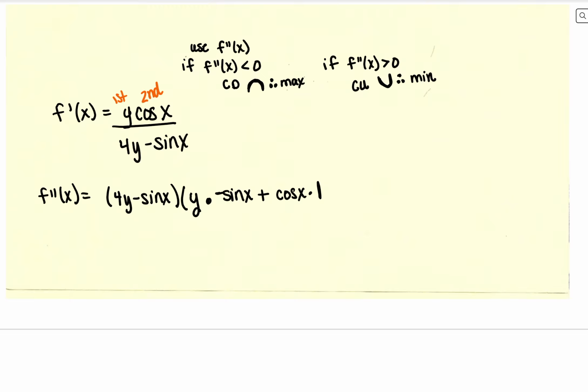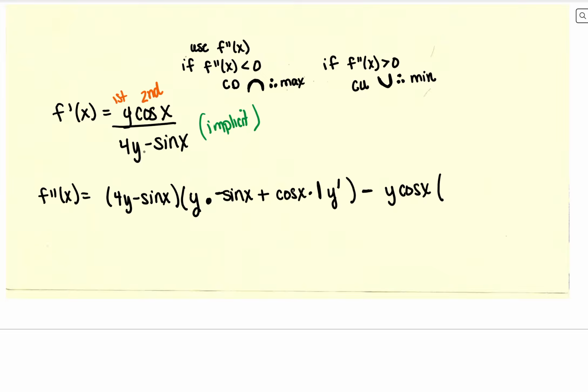But we're implicit again. So because I took the derivative of a y term, I'm going to have to put in y prime right there. Minus, so this is the bottom times the derivative of the top, minus your top right here, times the derivative of the bottom.